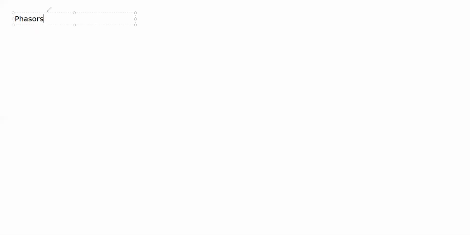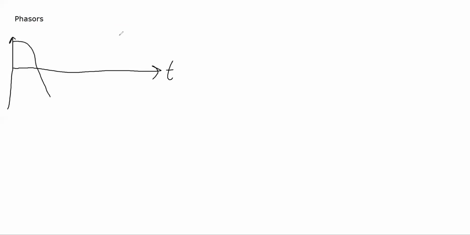Okay, so let me draw my graph again. Do it in black. So the voltage looked like this. And the current was very similar. So the blue is my current, I, and the black is my voltage, called V. Okay, so what we're going to do is represent this in terms of a vector that goes around.